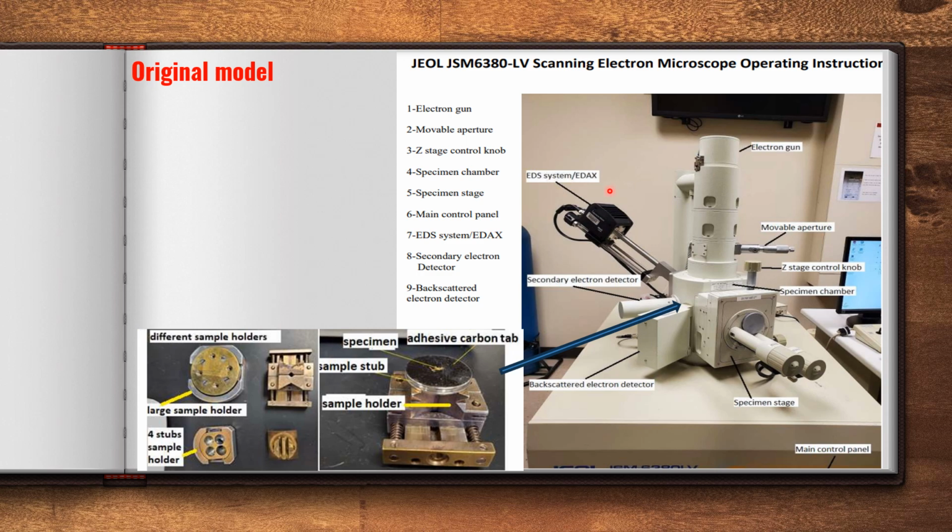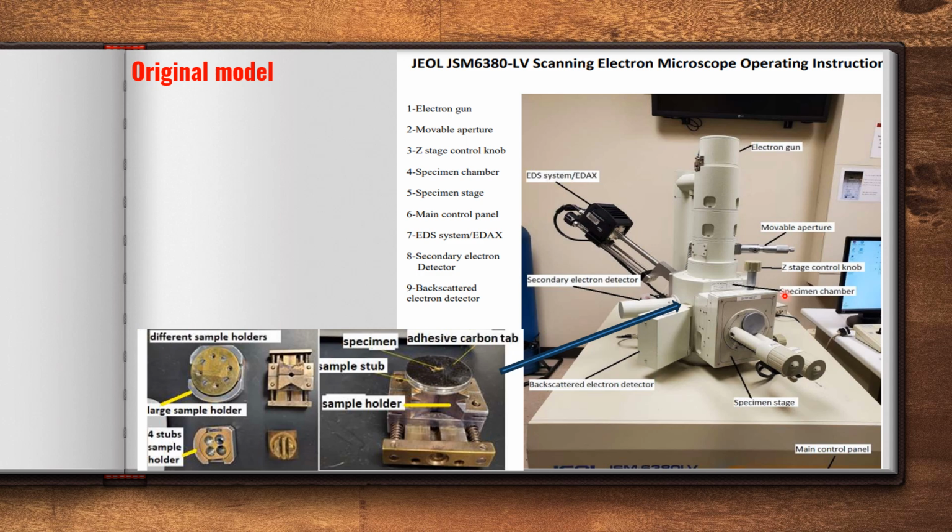This is the original instrument. These are the different parts: the electron gun, EDS, secondary electron detector, backscattered electron detector, specimen stage, and specimen chamber. The specimen stage can move horizontally, and vertically it can also be moved easily up and down.